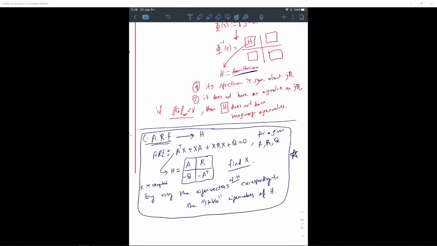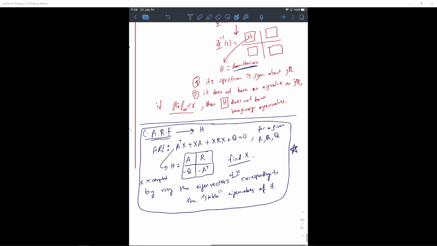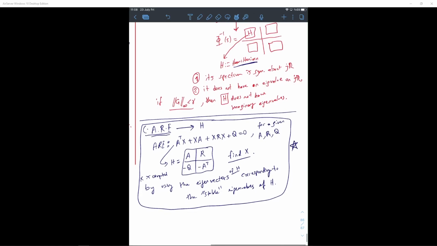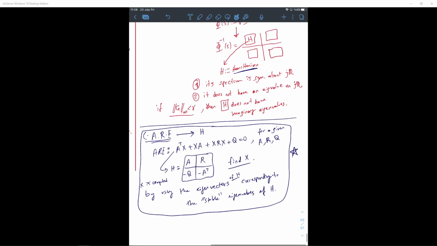And since the Hamiltonian spectrum is symmetric about the imaginary axis, there exists an algebraic Riccati equation with this Hamiltonian matrix as well.